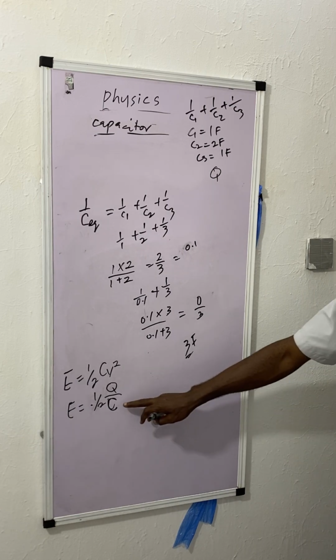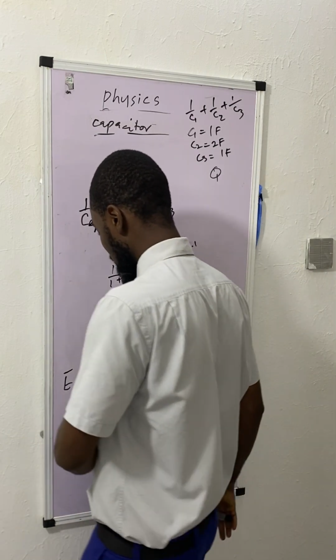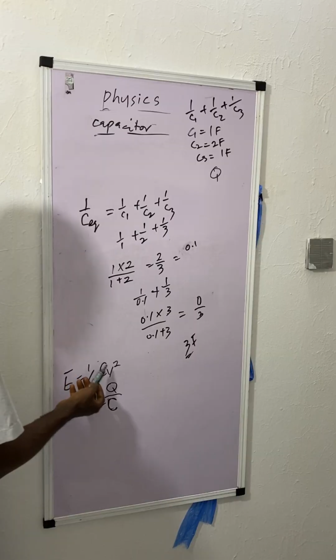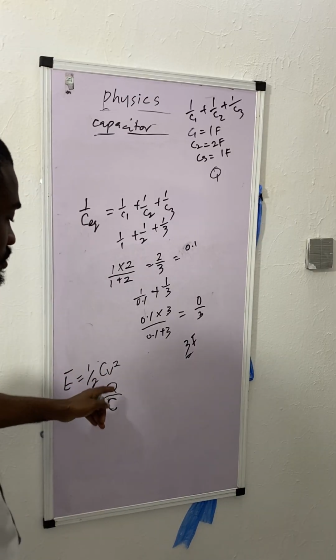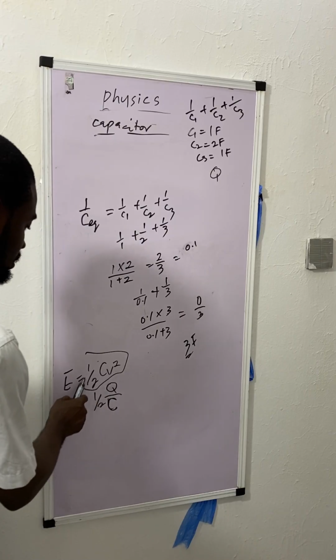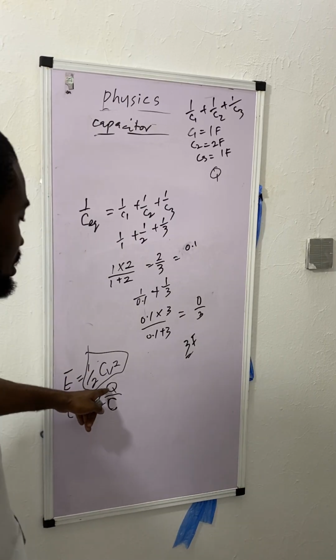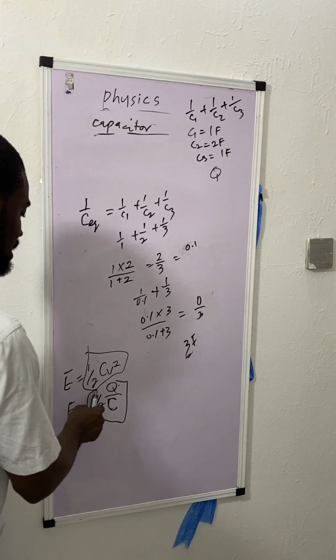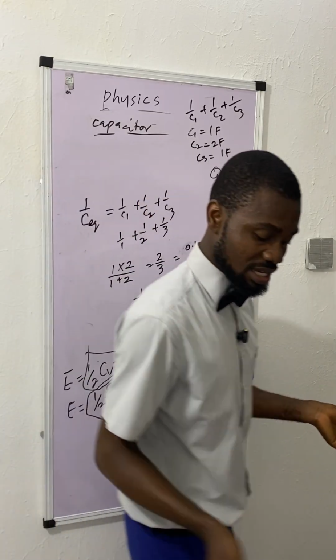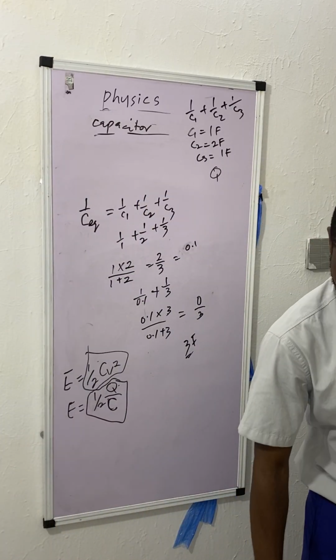So it all depends on what you were given as your parameter when you are solving. If you were given capacitance and volt, EMF, you use this one. If you were given charge, which is in coulomb, and capacitance, this one is going to be better. So you have to make your discernment and pick the best that is okay for you to solve.